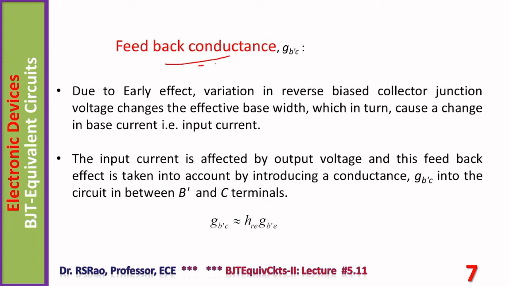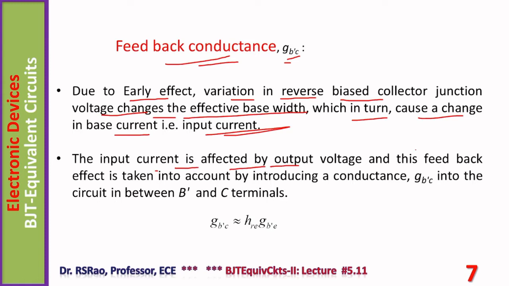Another parameter, feedback conductance g_B'C. Due to the early effect, variation in reverse biased collector junction voltage changes the effective base width, which in turn causes a change in base current, the input current. The input current is affected by output voltage, and this feedback effect is taken into account by introducing a conductance g_B'C into the circuit in between B' and C terminals.